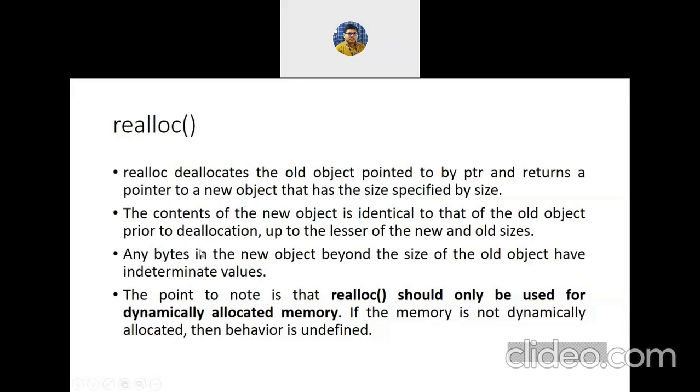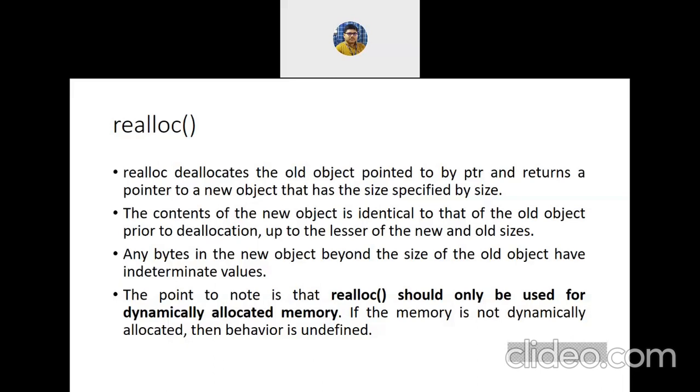So the realloc function deallocates the old object pointed to by ptr, and returns a pointer to a new object that has the size specified by size. So it deallocates the previous memory and newly allocates the memory for the previous number plus the new number of elements.